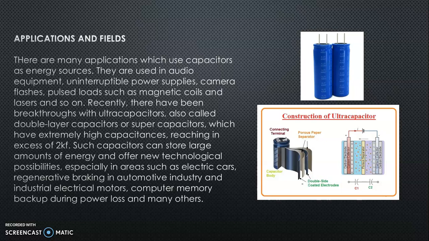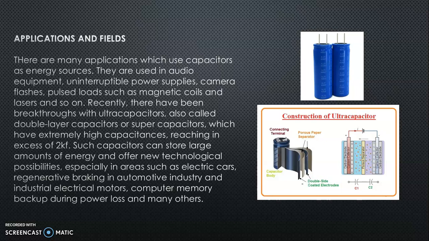Recently, there have been breakthroughs with ultracapacitors, also called double-layer capacitors or supercapacitors, which have extremely high capacitance, reaching in excess of 2 kF.